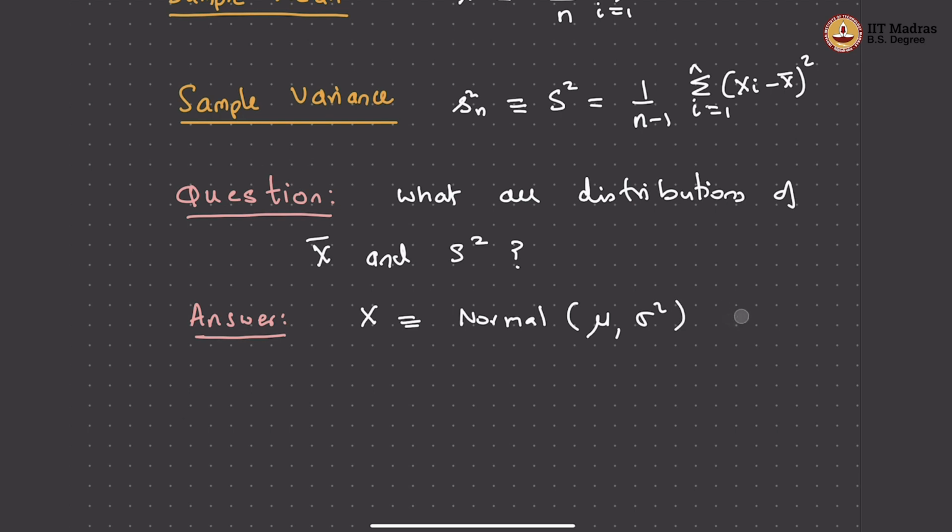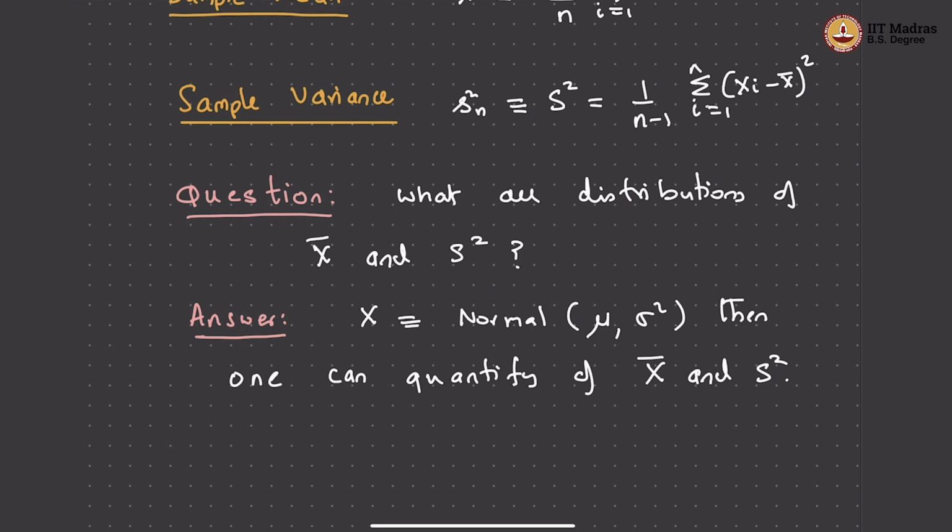Then one can understand, let's say one can quantify the distribution of X bar and S squared. So let's try and answer this question in this setting, at least the first part for X bar.